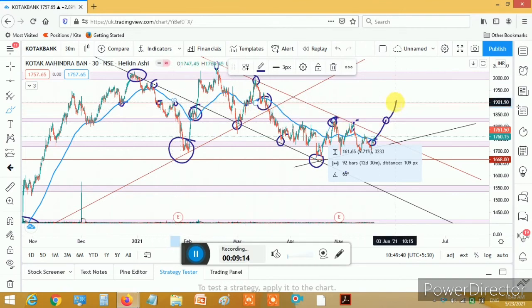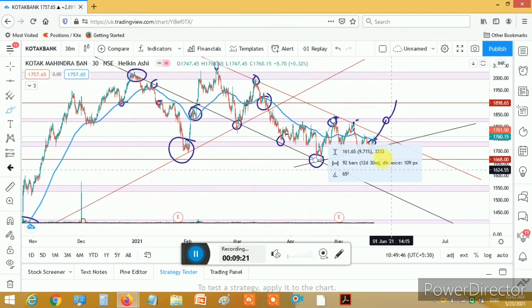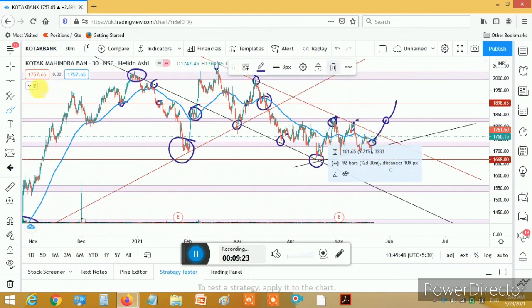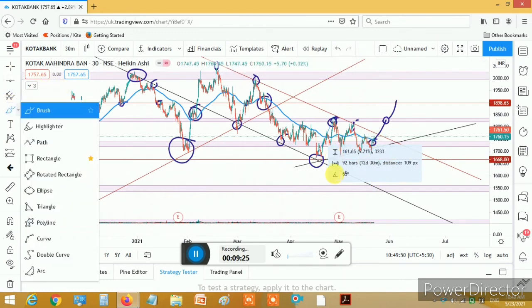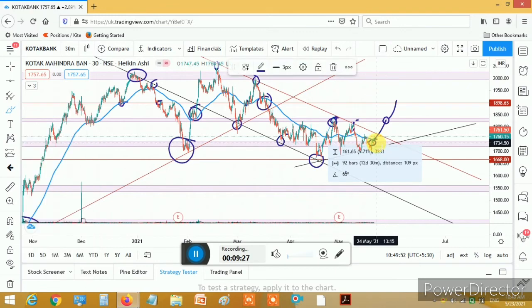So we are going to achieve the T1 target, and if it is not rejected from this particular point, it will come down and take support at this horizontal line. If that is broken, then it will take support at this particular horizontal support, and there is also a channel.